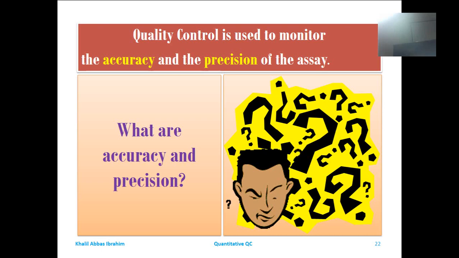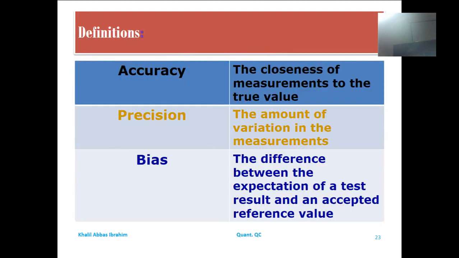But what is accuracy and what is precision? These terms should be understood very clearly, because they will be the measurements and indications of the quality of your system, and they are the basics that guide you to assess and test your system from time to time.